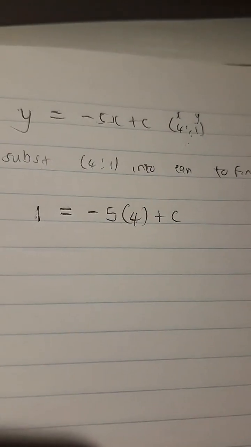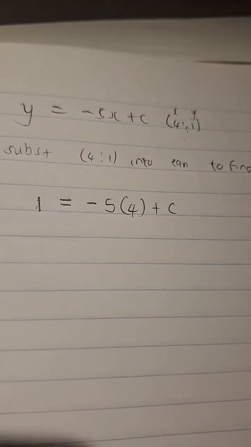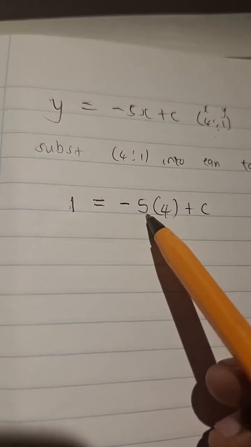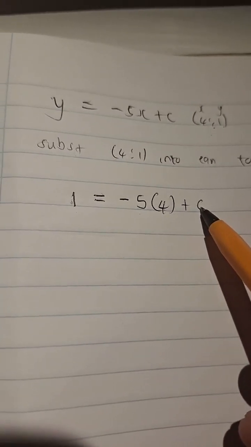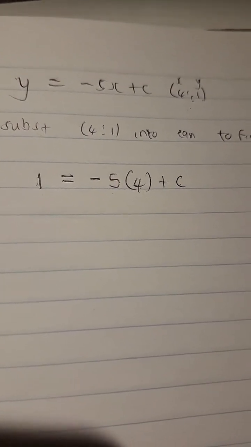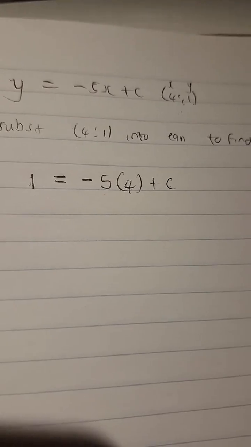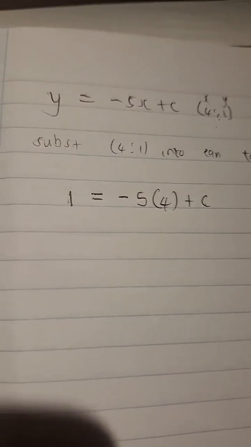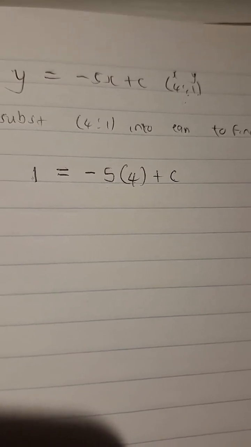Plus C. Okay, I hope you are with me, grade 9. It's very important, this thing. Then I multiply to find C, and then I transpose, I solve for the unknown C. Solving for an unknown should not be a pain, because as a grade 9 learner, I am so well versed in solving equations, because in term 2, this was my daily bread and butter.